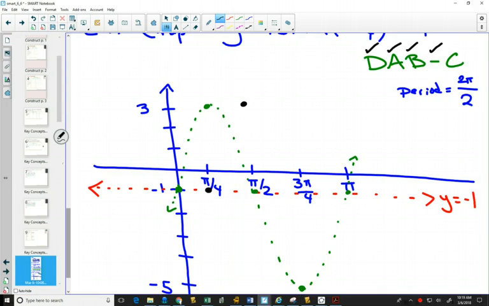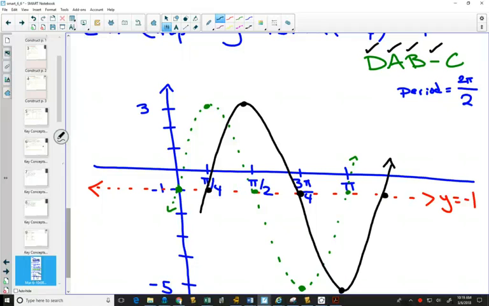This point is moved pi over 4 to the right. This point is moved pi over 4 to the right. And this point would be moved pi over 4 to the right. Draw it with a solid line now, because we have finished our graph.